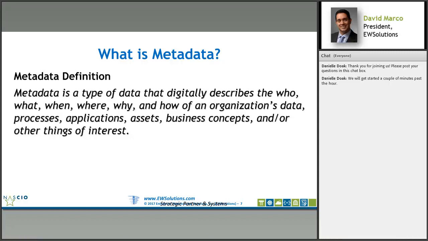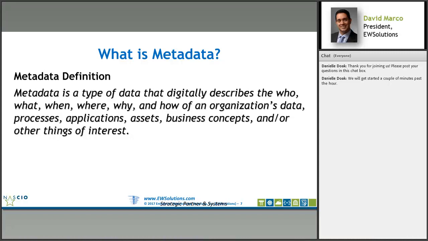And what is metadata? So let me give a little bit of a more complete definition. Metadata is a type of data that digitally describes the who, what, when, where, why, and how of an organization's data, its processes, its applications, its assets, its business concepts, and other things of interest. So again, metadata is just a type of data. Let's unpack this for just a moment.